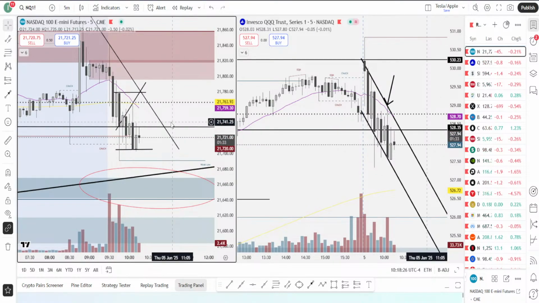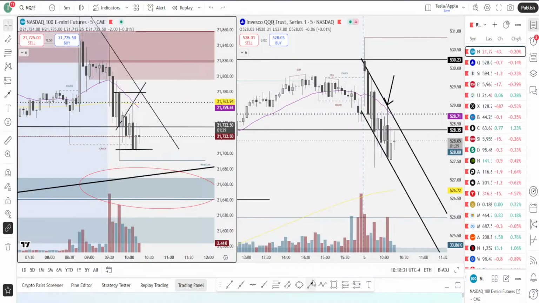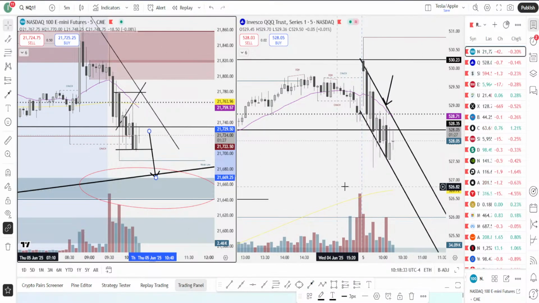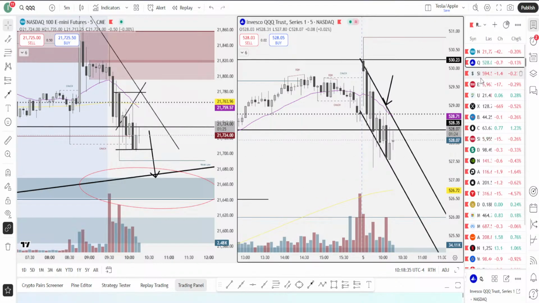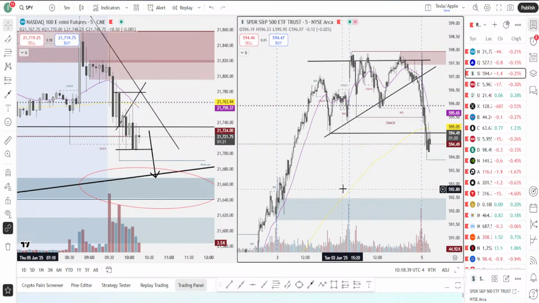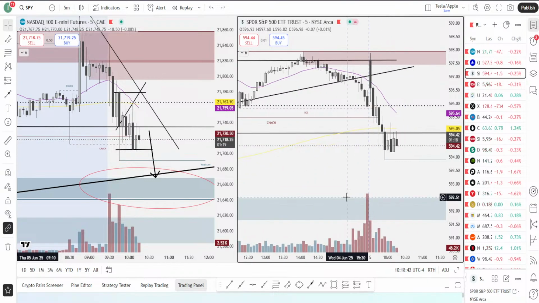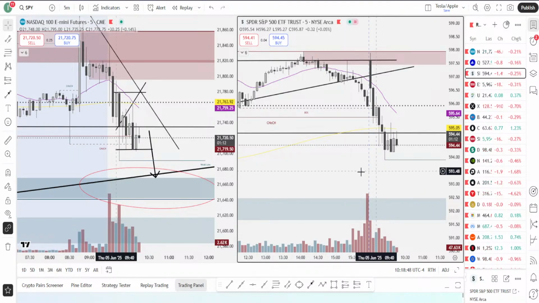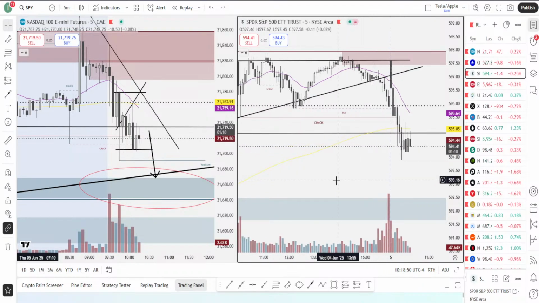Come on, I just need sellers to show out one more time. One last time, just get it to that demand zone, and we're done. Call it a day. SPY looking bearish as well.